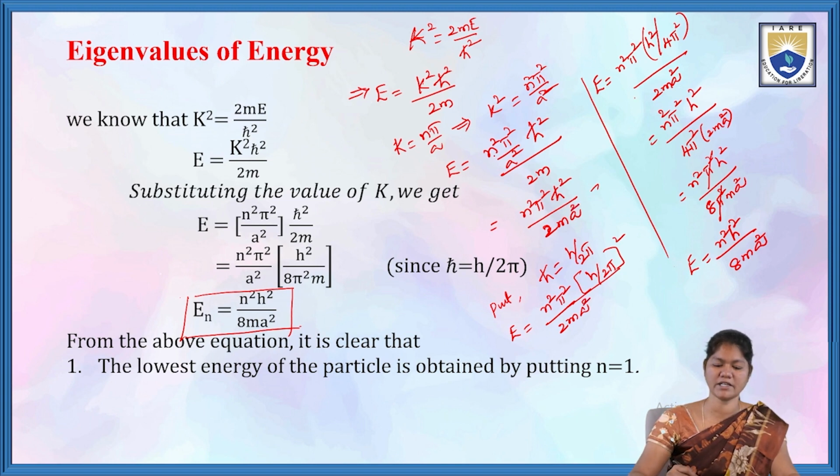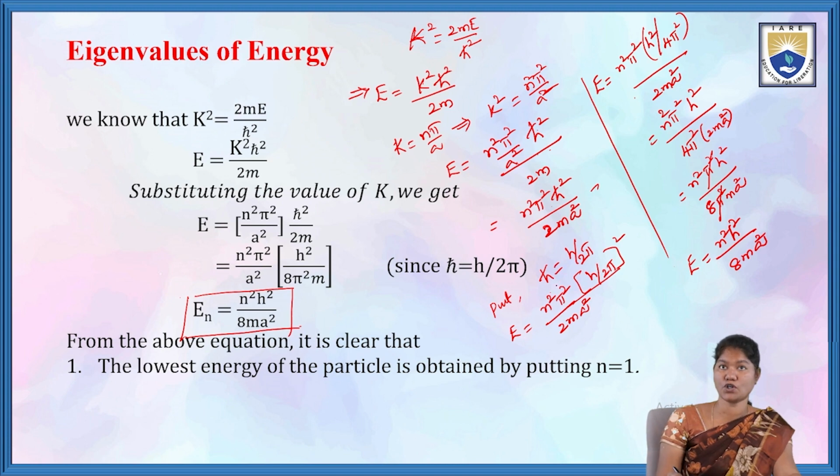So n²π²/a² into ħ² divided by 2m, so n²π²ħ²/2ma². Substituting ħ = h/2π, we got E = n²π² × (h/2π)² divided by 2ma².